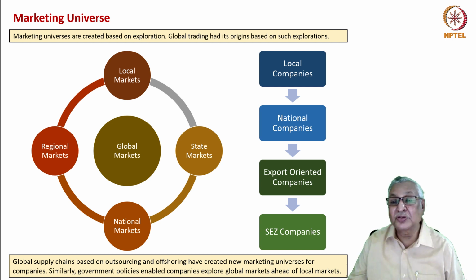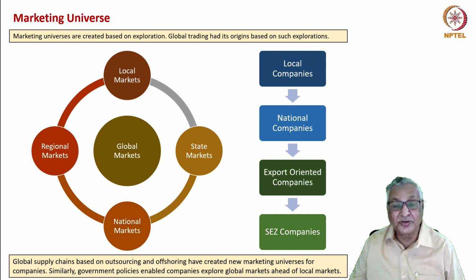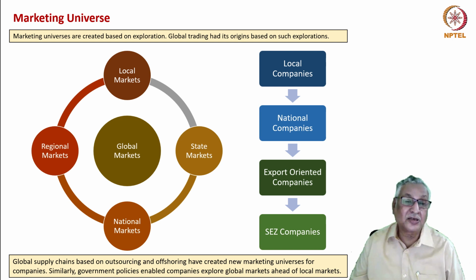So local companies move into national companies, in turn move into export oriented companies, and finally even become special economic zones. Global supply chains based on outsourcing and offshoring have created new marketing universes for companies. Earlier, companies used to produce within the nation, manufacture within the nation, and market it within the nation.